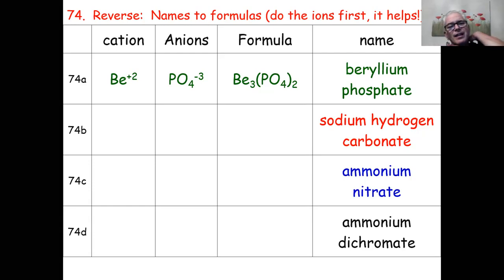Don't you worry. 74B, sodium hydrogen carbonate. Sodium is easy, Na+1, and you're going to have to say, what the heck is hydrogen carbonate? Look, it's right here, and there's the formula, HCO3 -1. So you write the ion charges down, and now how do you come up with the formula? Well, you got to do the crisscross business. Look, +1, -1, they crisscross 1 to 1.